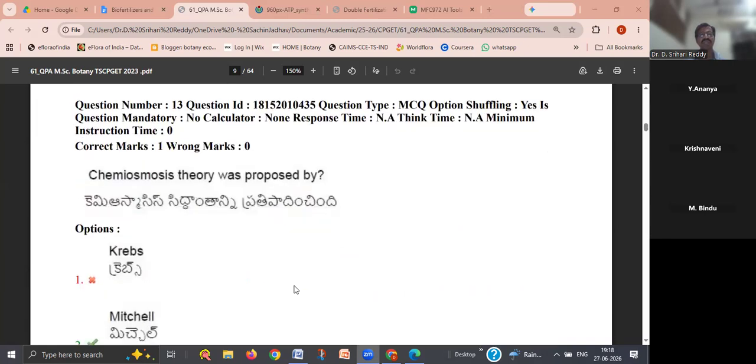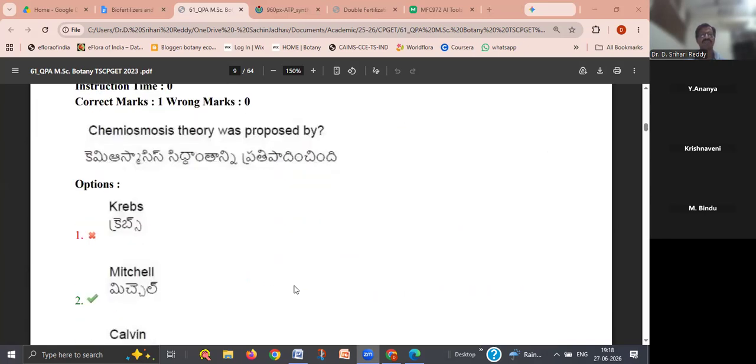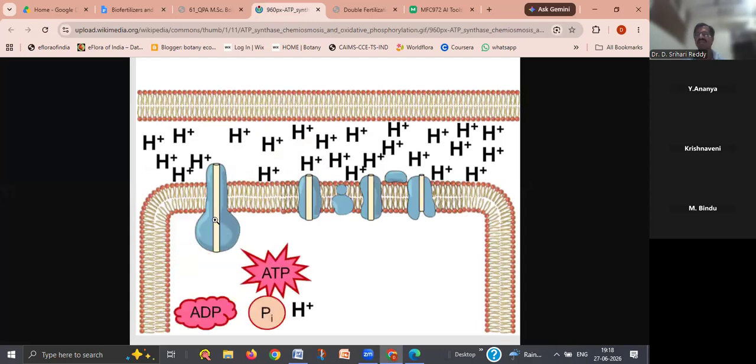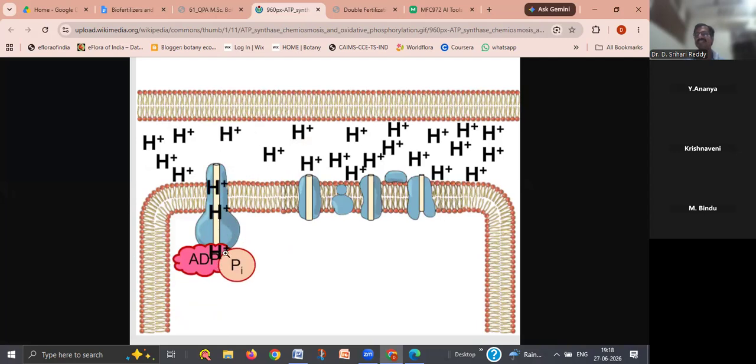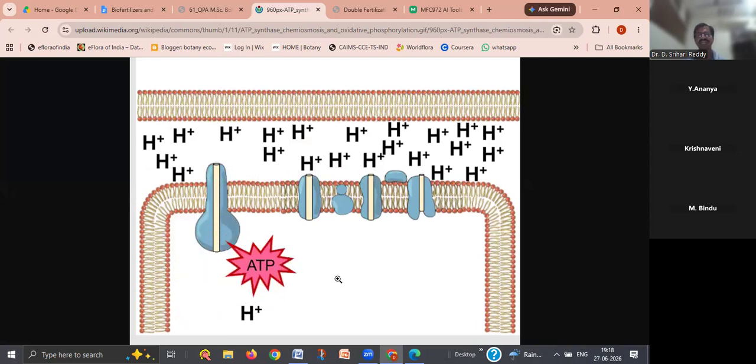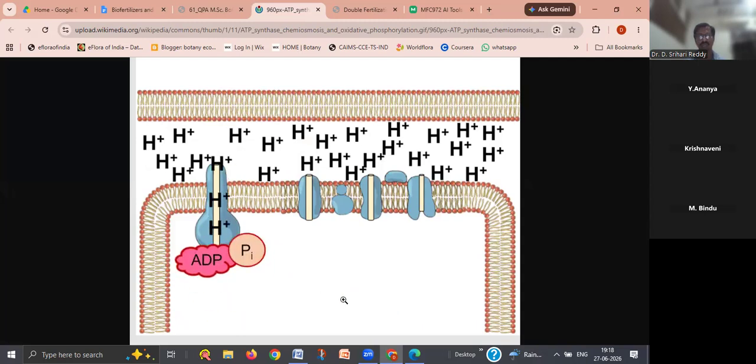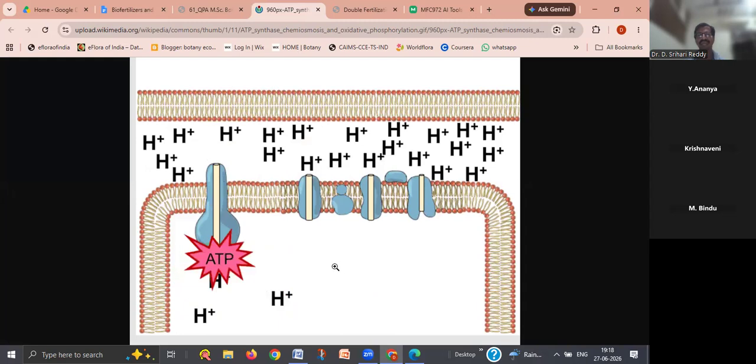Next, chemiosmosis theory was proposed by. So who proposed? What is the chemiosmosis theory? Chemiosmosis theory is related to ATP synthesis, synthesis of ATP from ADP and hydrogen ions, that are also called protons. So in case of the oxidative phosphorylation or the photophosphorylation, what happens?